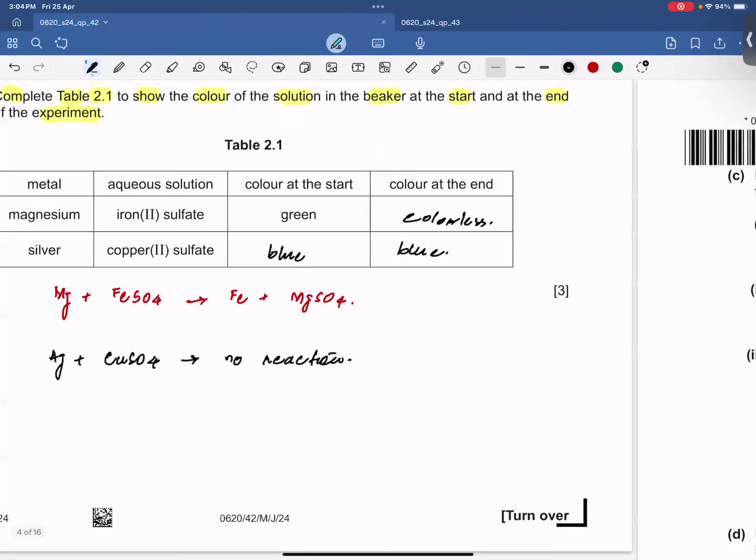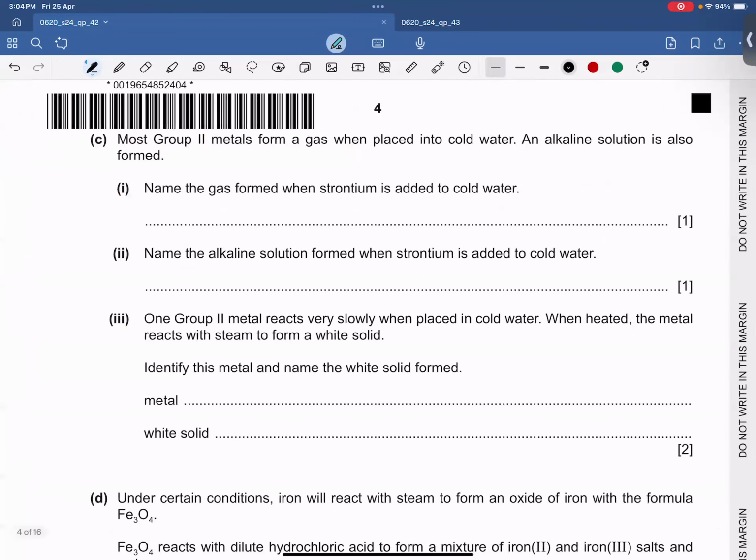Next, most group 2 metals react with cold water to form a gas, and an alkaline solution is also formed. Take any group 2 metal, for instance magnesium.